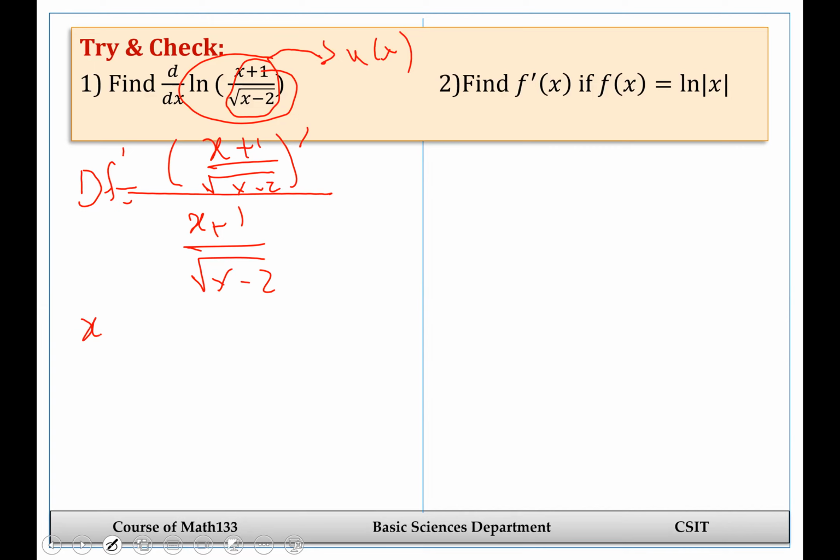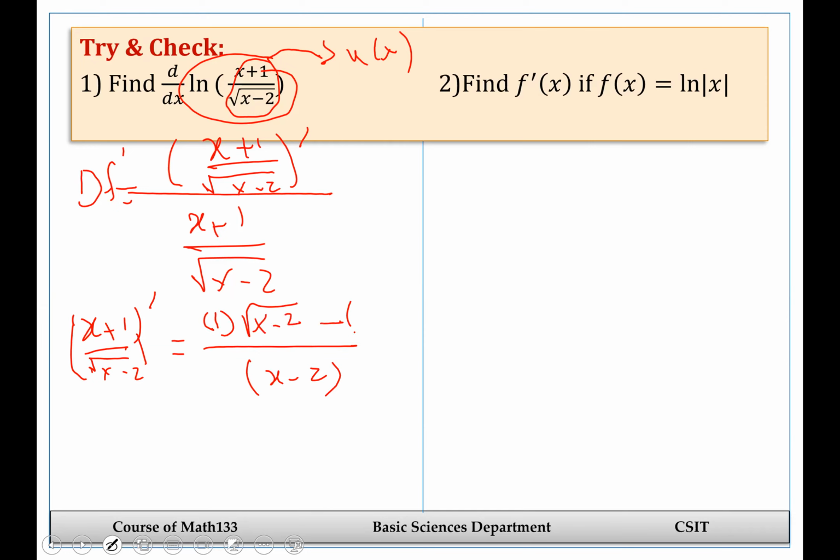So x plus 1 over root x minus 2, the derivative is equal to, in the denominator, root x minus 2 squared, that means x minus 2. And in the numerator, the derivative of x plus 1, that's 1 times the root, and minus x plus 1 times the derivative of the root, which is 1 over root x minus 2.